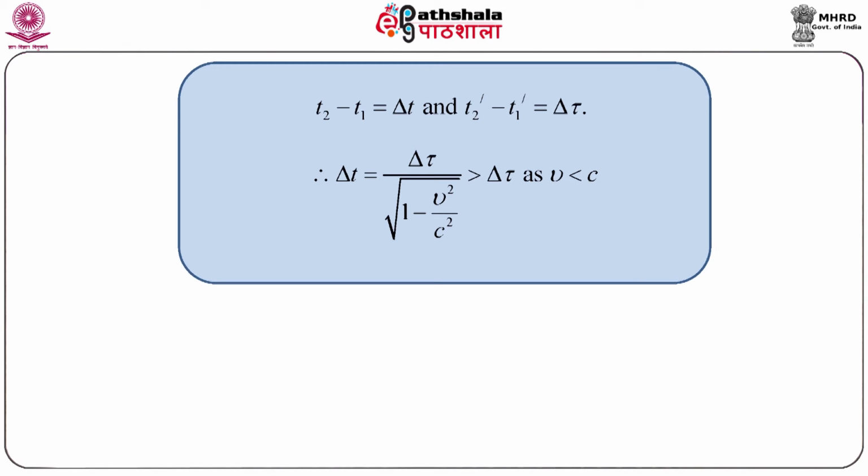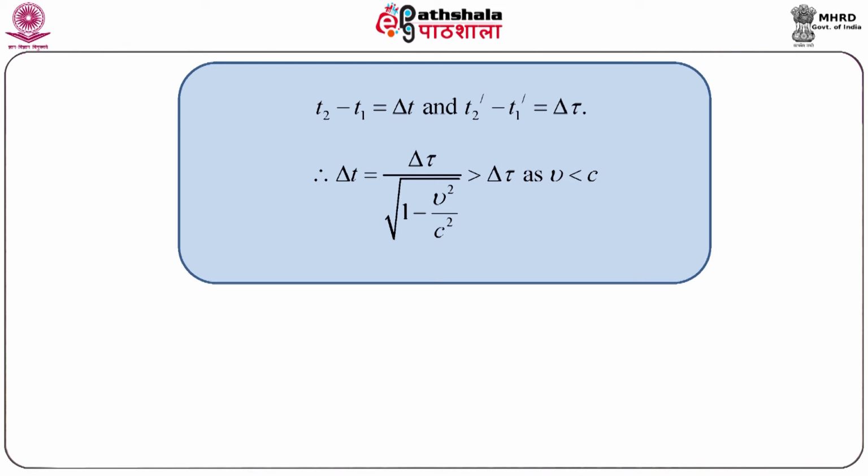C is the speed of light, v is the velocity of frame S dash with which it is moving with respect to S along the common direction of x and x dash axis.